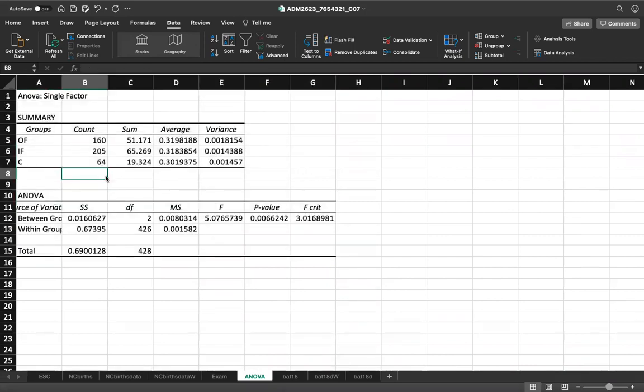And what we observe is the F statistic, which is the measure of the ANOVA test, is 5.07, and the p-value is 0.006, which is significant.